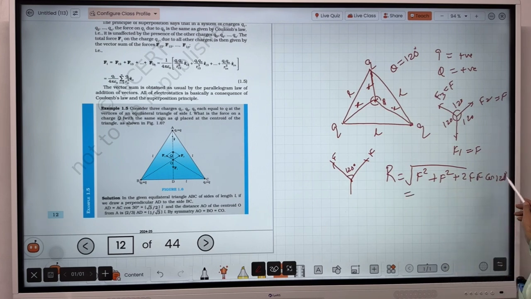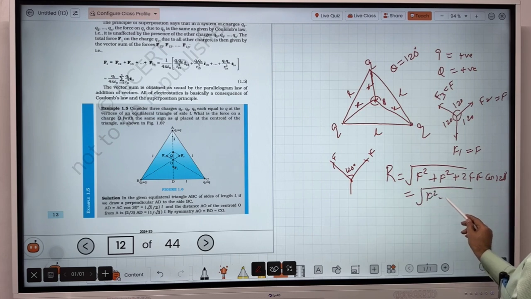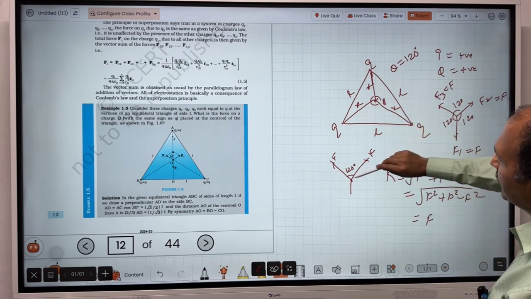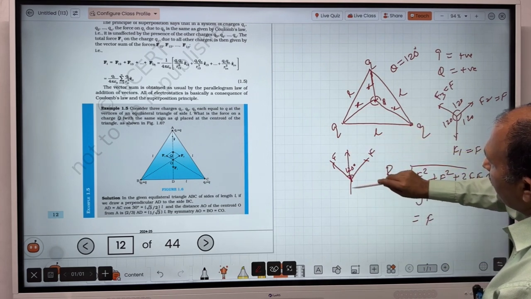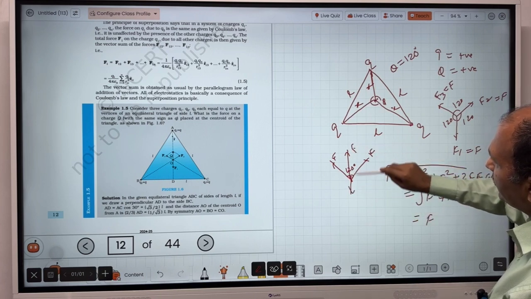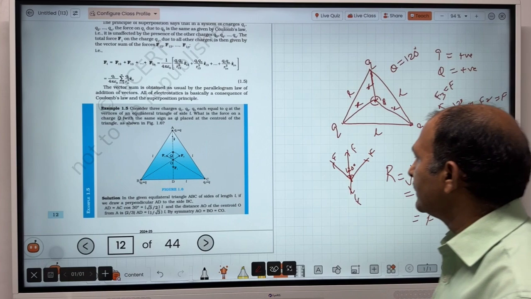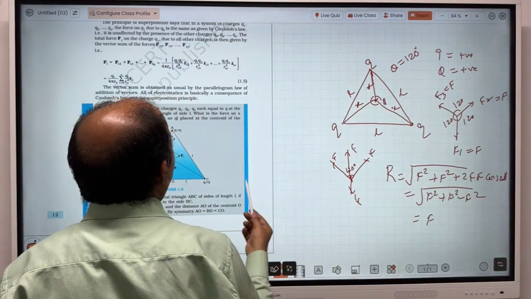Cos 120 degrees is minus half. So this will give F squared plus F squared minus F squared, so it will give F, and its angle will be between the two. So you will get one force in this direction, another force in this direction. This is F, this is F. Hence the two forces will get cancelled and the net result will be 0.